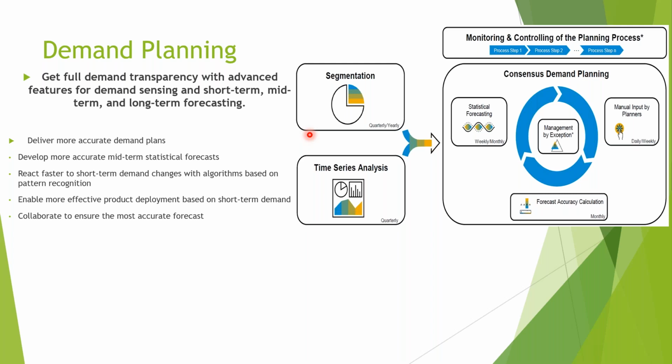Let's say we have 80 to 90 thousand products that we want to plan for in IBP. There will be some products which are high revenue generating, some medium revenue generating, and some low revenue generating, right? So we can categorize them. That categorization is nothing but the segmentation.